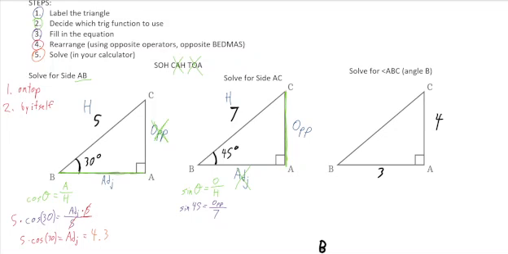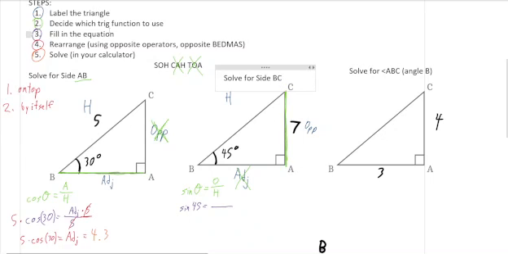I'm going to flip this around a little bit by doing a very quick little swap, which is to put the 7 over here, and we're going to look for side BC opposite. So instead, we're looking for side BC.